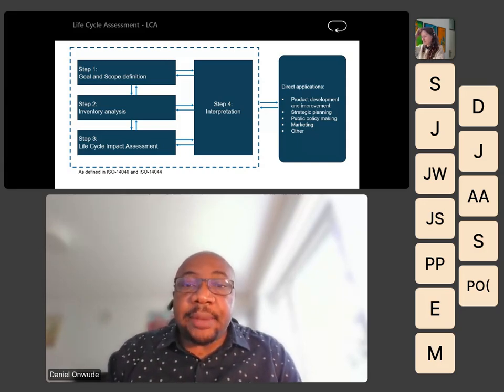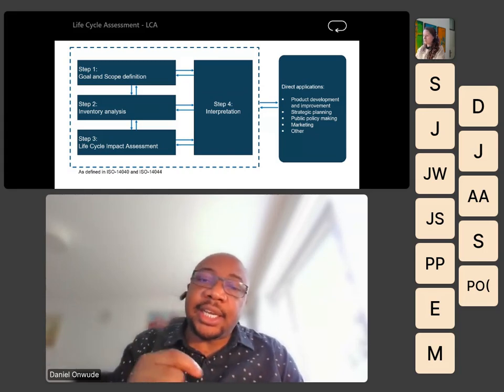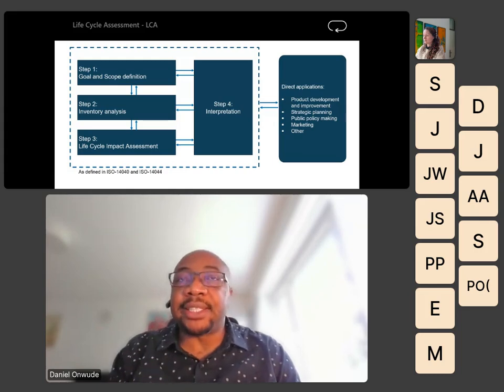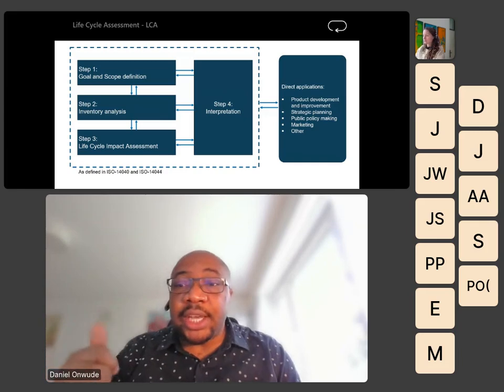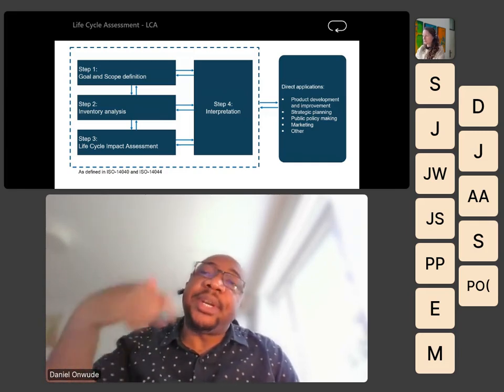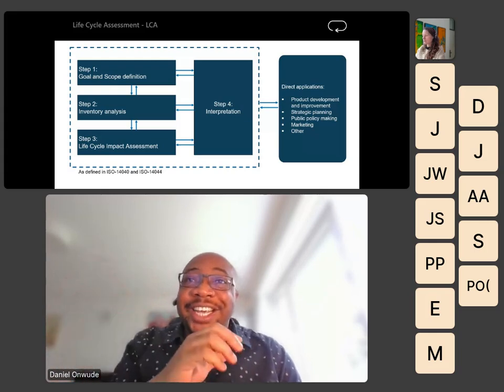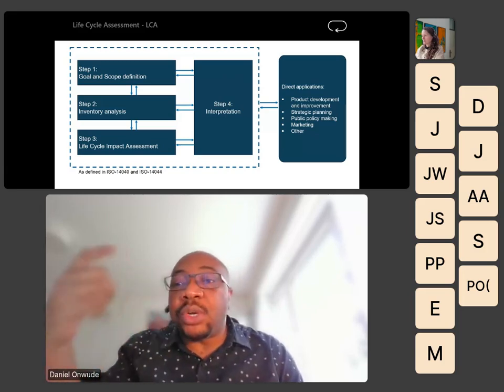And then the third step is the impact assessment. Now, what does this mean? So this is basically turning those data into measurable environmental impacts like carbon footprint, resource use, water use, or even pollution. And then the last step is to interpret these results, right? Because again, it's not about having figures and having values, but you need to understand what this means.